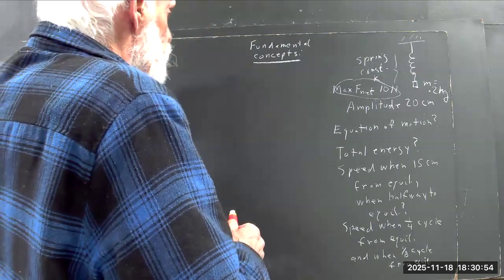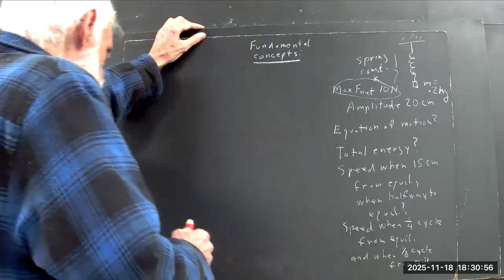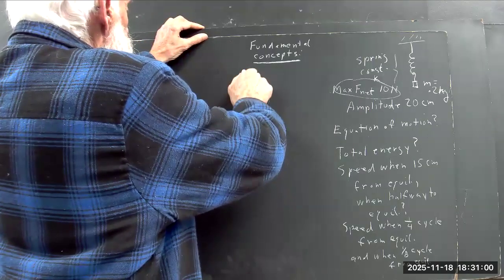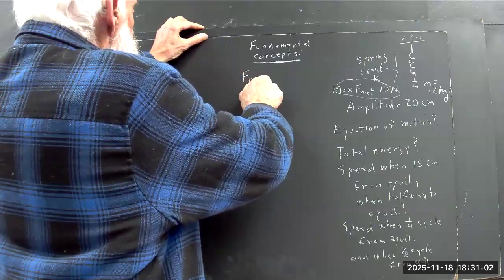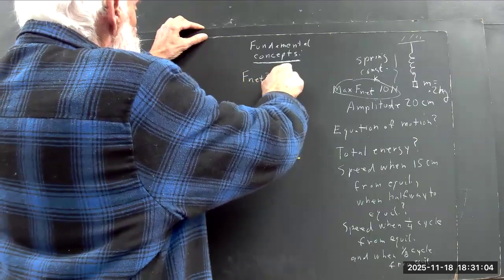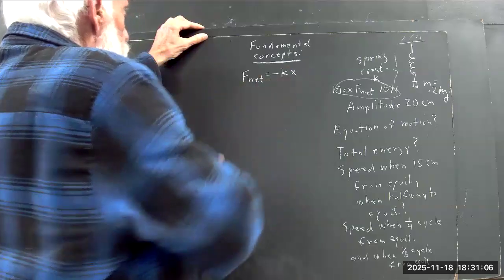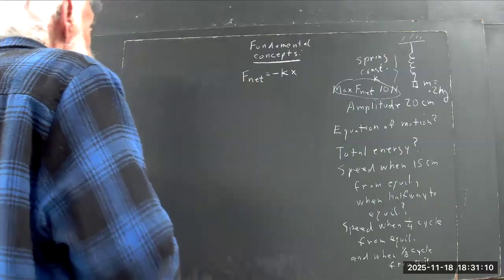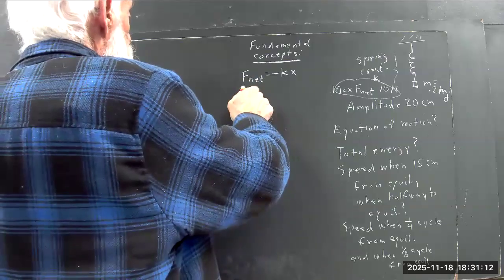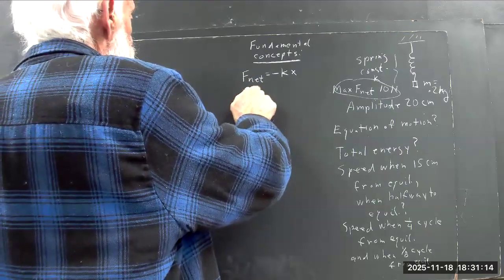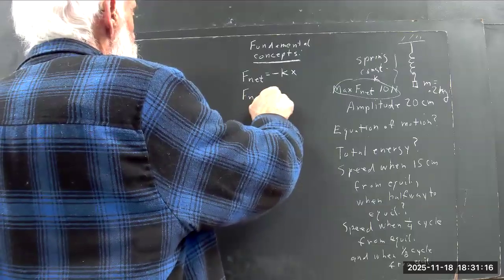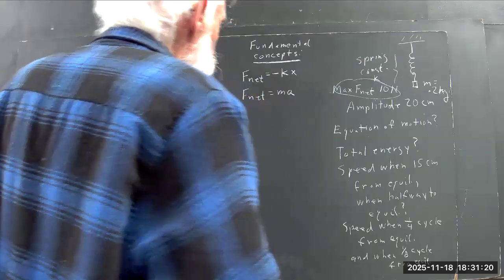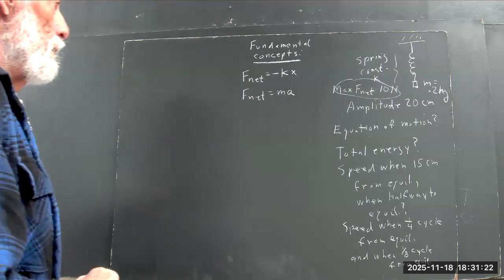Fundamental concepts. First of all, for an ideal spring, net force equals negative kx. Also, F net equals mass times acceleration.